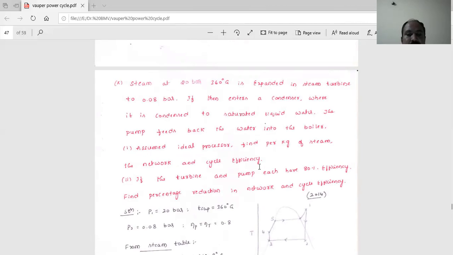This is the last problem. I will solve it. The remaining problems you can read in my notes.